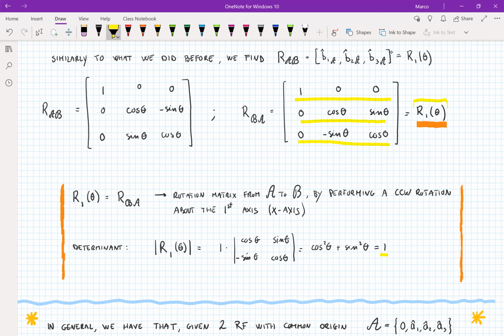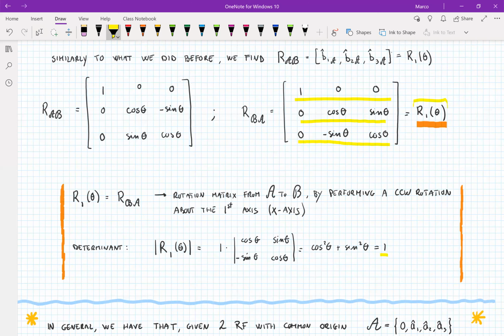In fact, if I were to start with a rotation of 20 degrees about the x-axis, and then the next rotation is 10 degrees about, once again, the x-axis, it wouldn't be an independent set of two rotations, because it's like having one rotation about the x-axis of 10 plus 20 equals 30 degrees. So every time that you apply a rotation, you have to change the axis about which you are rotating.